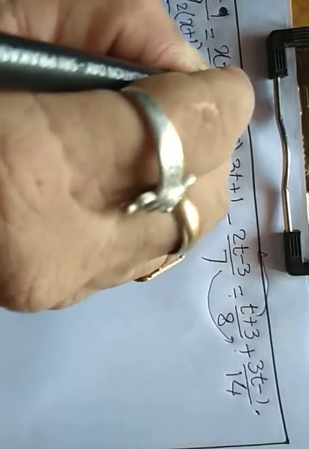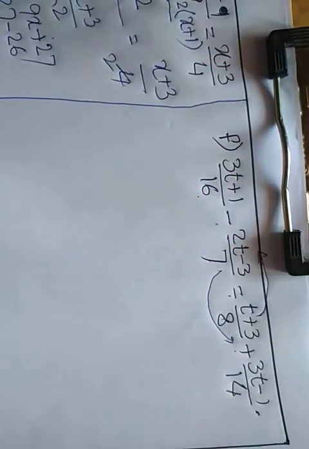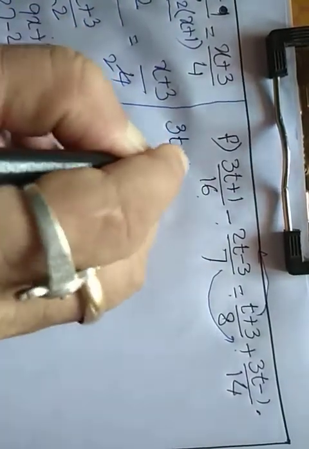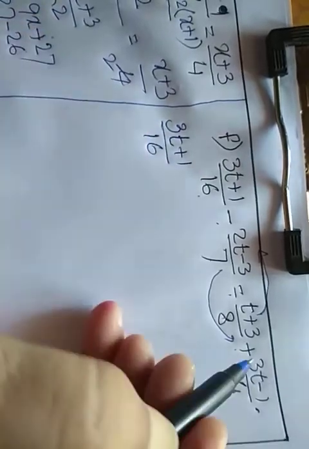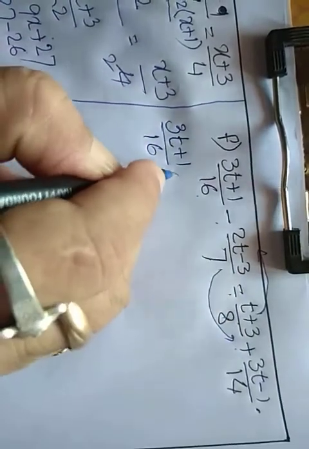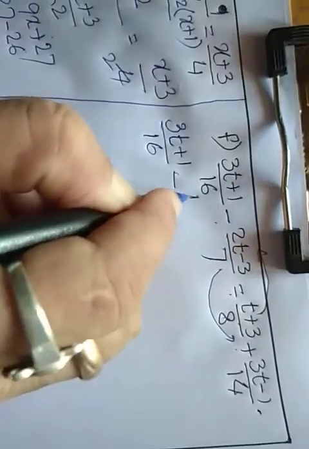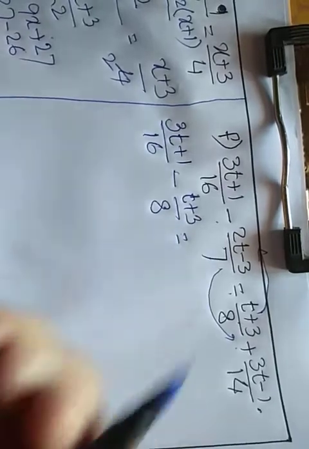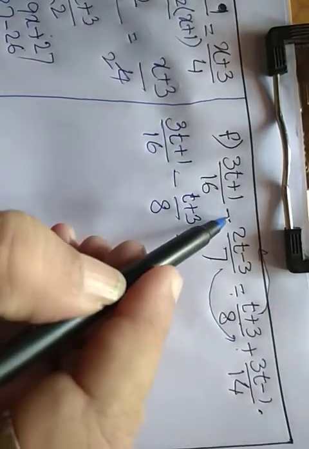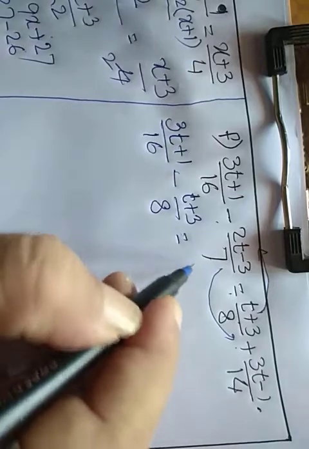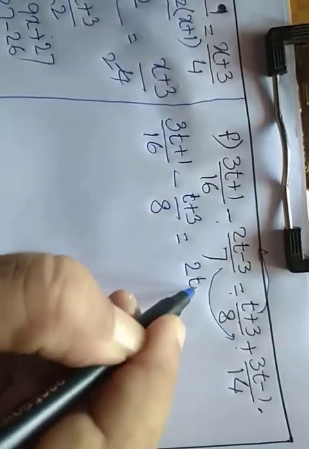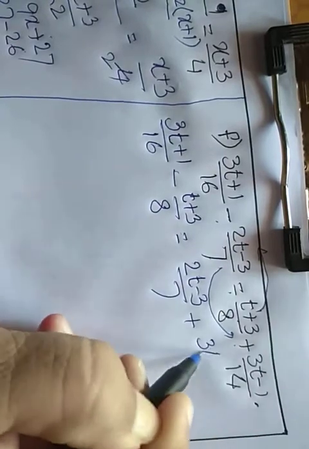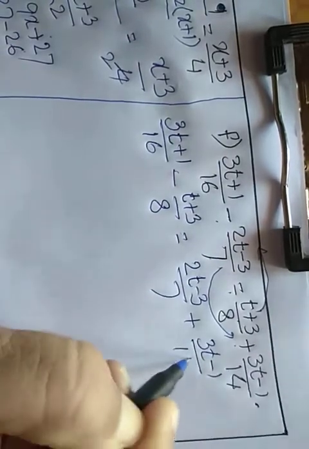So what happens? (3t+1)/16, here this is a plus. If you bring this minus, (t+3)/8 is equal to, here this is minus, if it goes there it becomes plus, (2t-3)/7 plus (3t-1)/14.